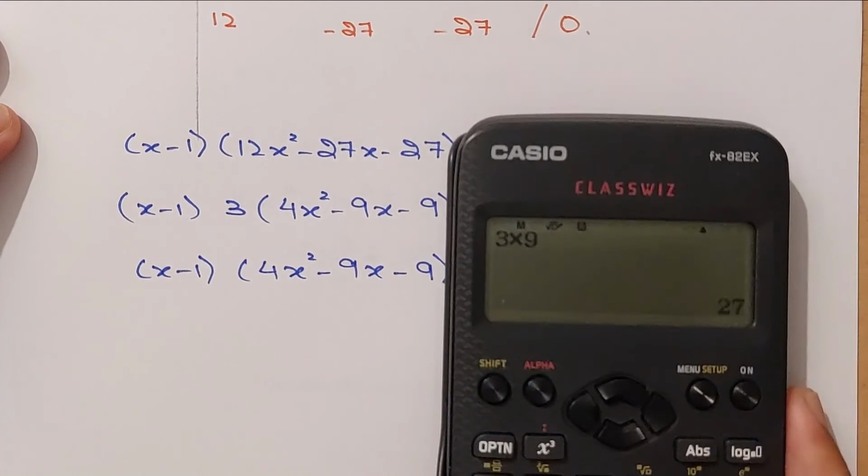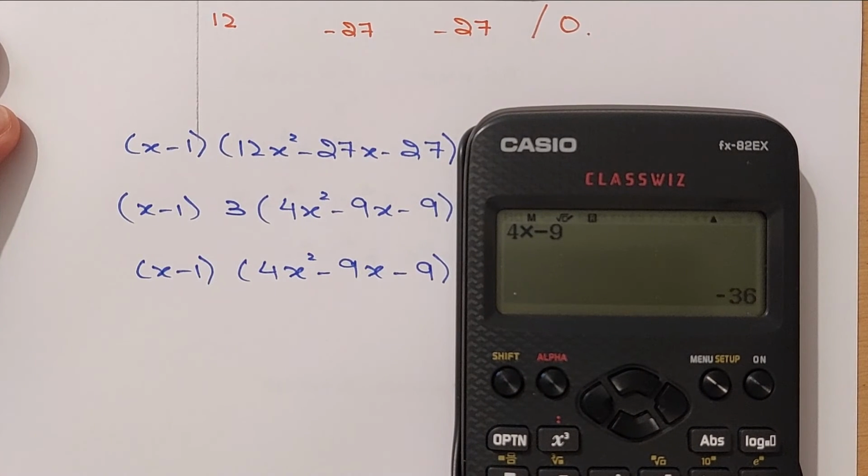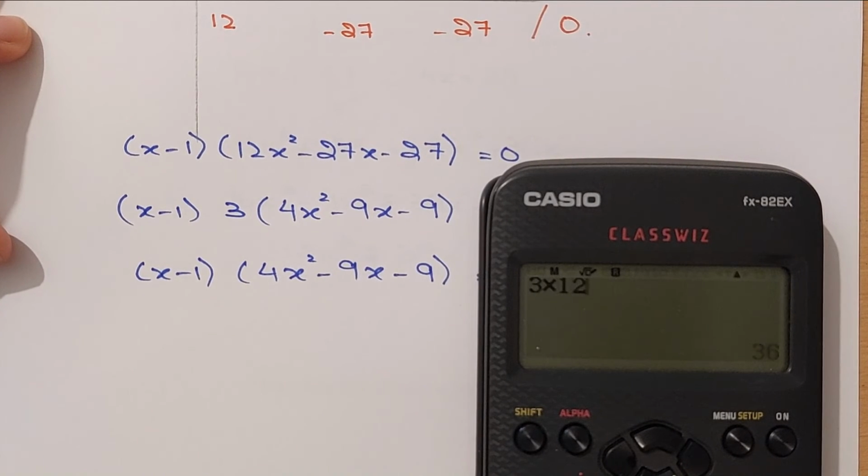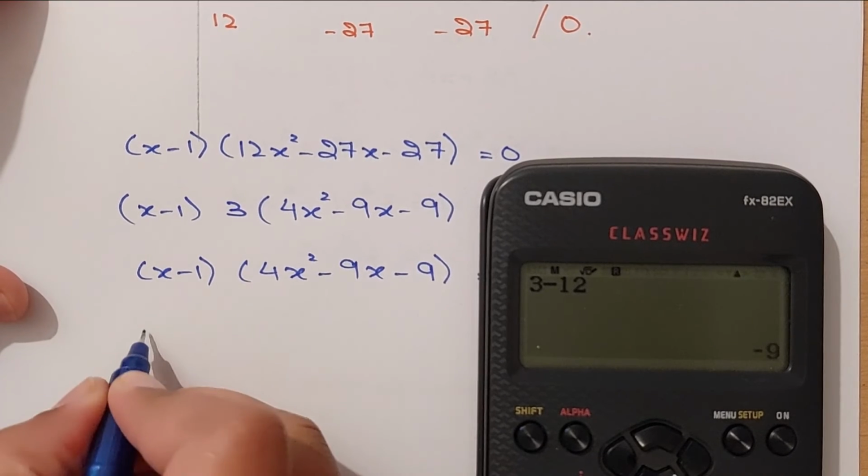Let me factorize this. 4 times negative 9 is negative 36, right? Now we have to find the factors of 36. 6 times 6 is 36, and 6 plus 6 is 12. No, it's not 9. What else? 3 times 12 is 36, and 3 minus 12 is minus 9. Yes.